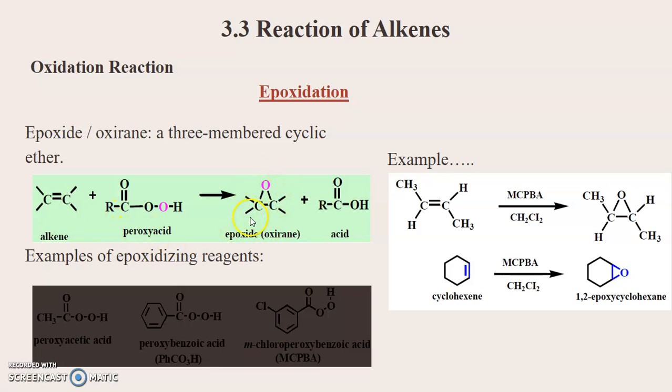This reaction produces an epoxide and an acid. This is the general reaction. Alkenes react with a peroxy acid; this oxygen, the pink oxygen, will form the epoxide, and the rest will form a carboxylic acid. This is an example: peroxyacetic acid or peroxybenzoic acid.